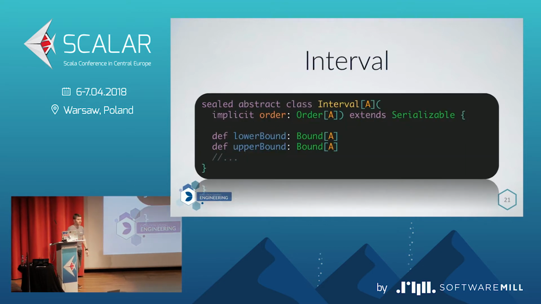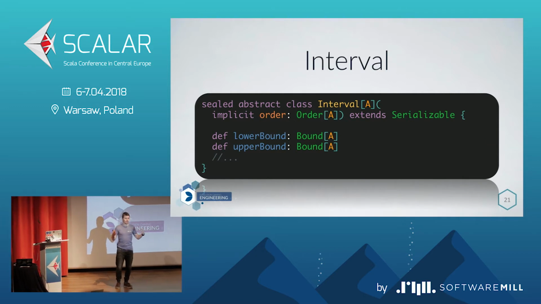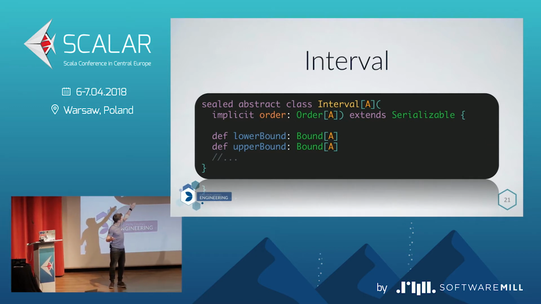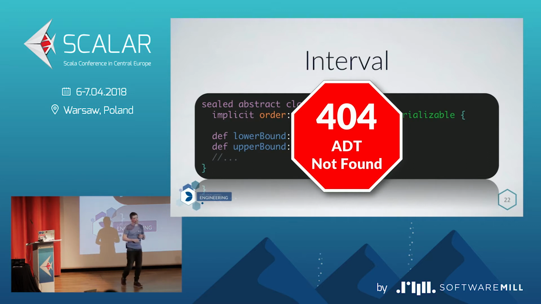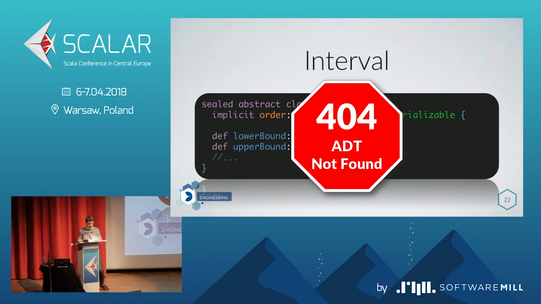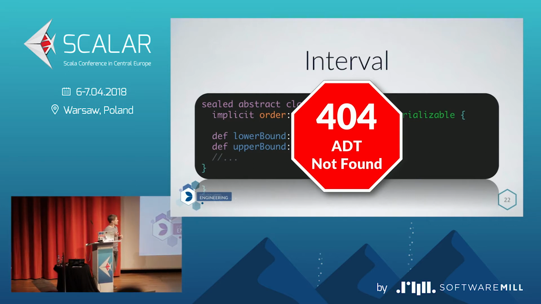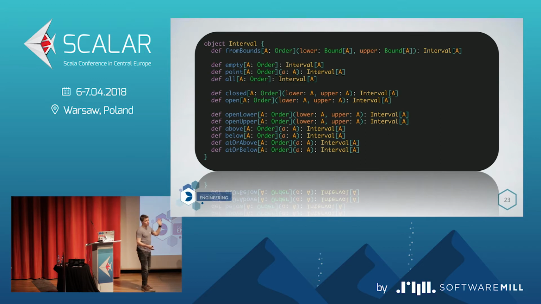Next thing is the interval itself. And this gets more interesting, because conceptually an interval is just two bounds. You can see there's a lower bound and an upper bound. But the difference here is that there's no public ADT tree available for you to explore at runtime to pattern match over or anything like that. There are reasons for that. I'm not going to dive into that, but instead of an ADT, we have some smart constructors.